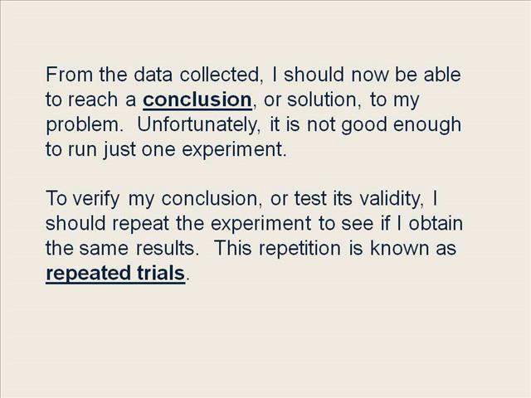You should have learned in both elementary school and in 6th grade that you need to repeat the experiment, and this allows you to check the validity or trueness of your experimental results. When we repeat the experiment, these are called repeated trials. You should have at least 3 repeated trials in each of the experiments you do.